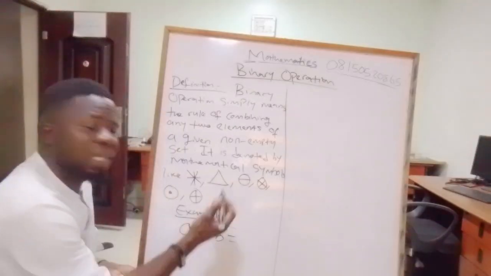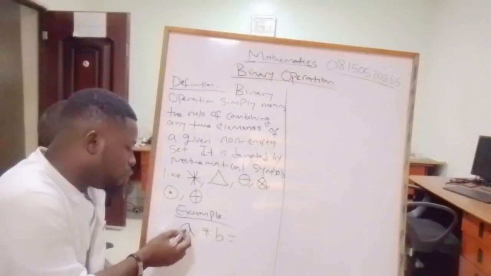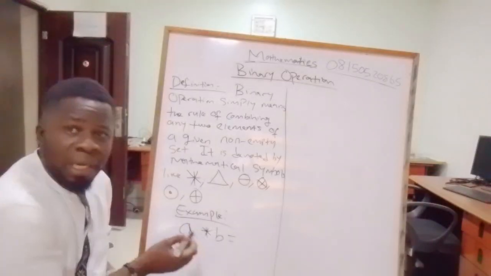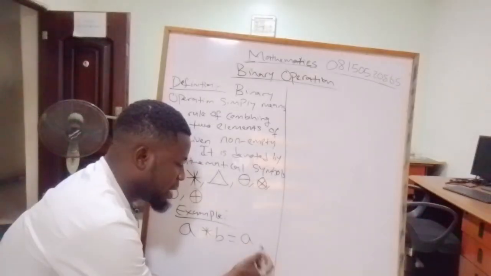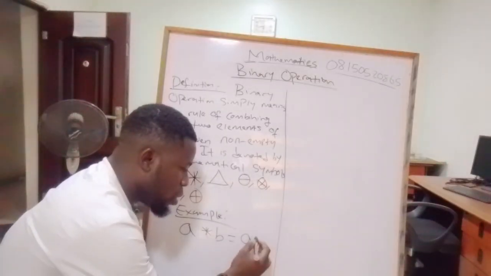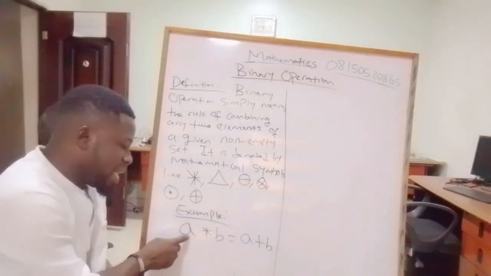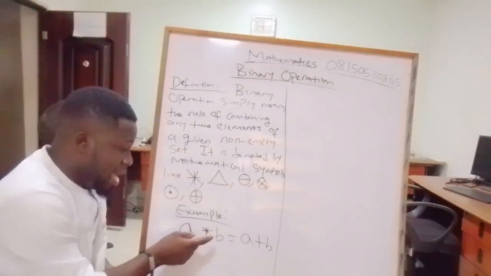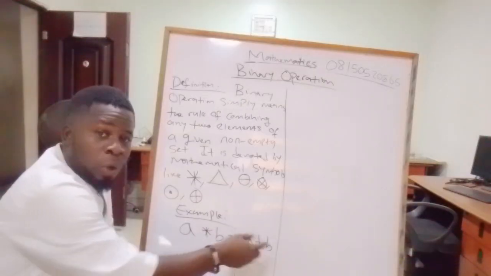I can give it a particular mathematical equation, that anytime you are operating a on b, what you should do is a plus b. That is, anytime you have a to be an entity and b to be an entity, you want to operate it, then you say a plus b.